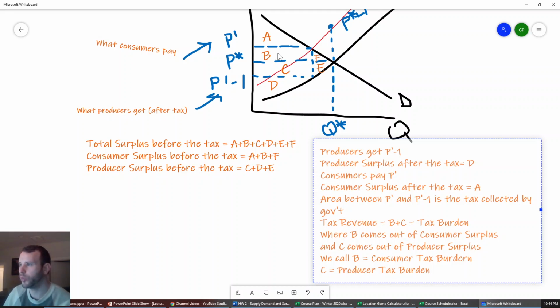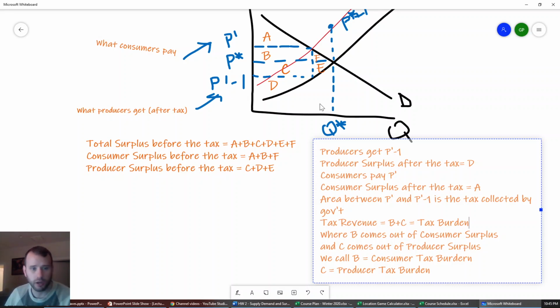Okay. So what the government does with their tax revenue, B and C, ultimately depends on what the government does with the tax in reality. Sometimes they might give it back to consumers, sometimes to producers, sometimes it just goes to fund the government.